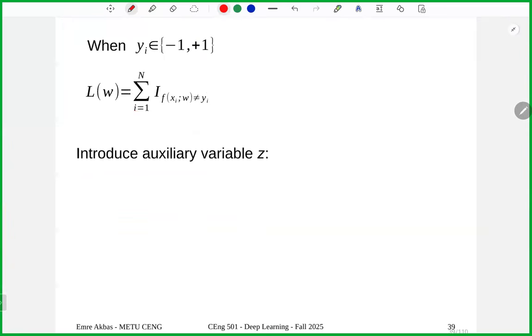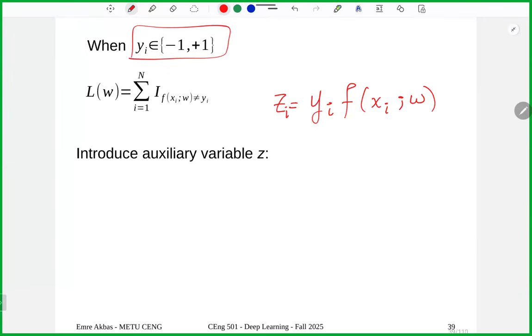Here we are going to introduce an auxiliary variable z, which is, let's say, zi for ith example. We are going to multiply the ground truth label with the output of the function. Remember, we are looking at the binary classification here. So these are -1, +1, and f is also -1, +1 because of the sign function.